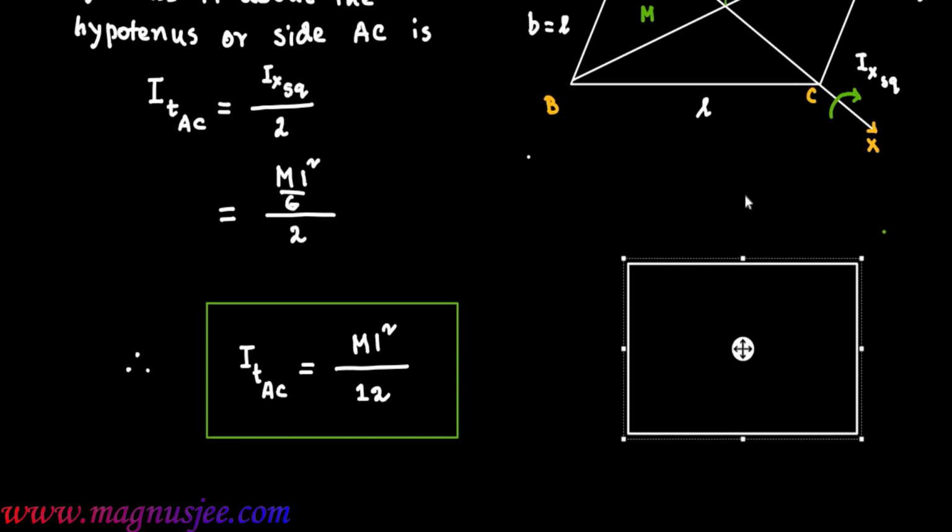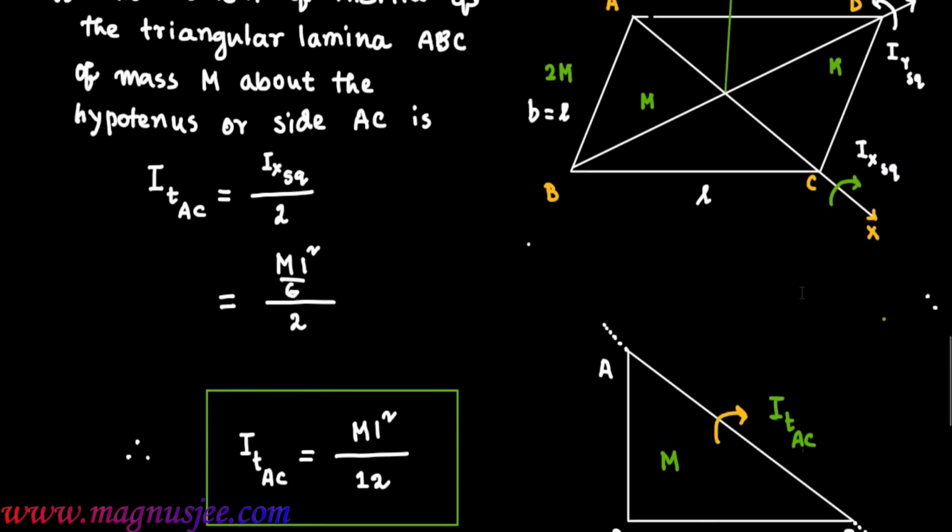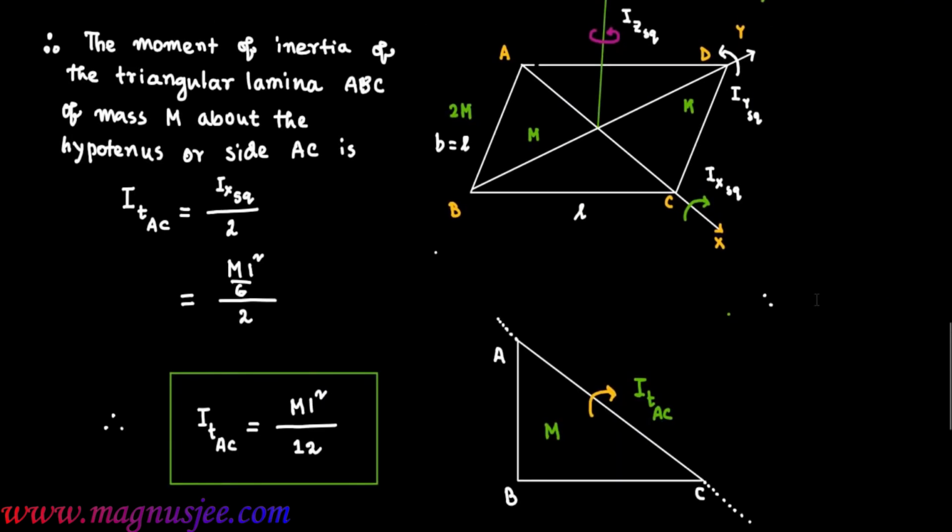This is the moment of inertia of the triangular lamina ABC about the hypotenuse AC. If the lamina rotates about the axis AC, the hypotenuse, and the triangular lamina has mass m, then I_T,AC will be equal to mL square by 12.